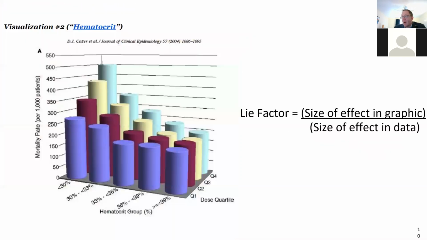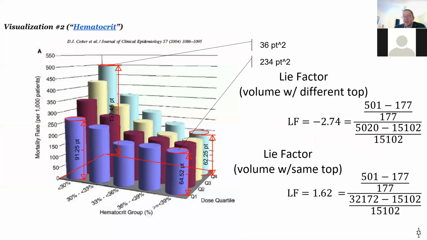Right? Same thing here. I have one lie factor. If I say this is the size I think this cylinder is, and they're both right, by the way. This is the size I think this cylinder is. This is the size I think this cylinder is. So I calculate the, no, not 4 pi r squared.